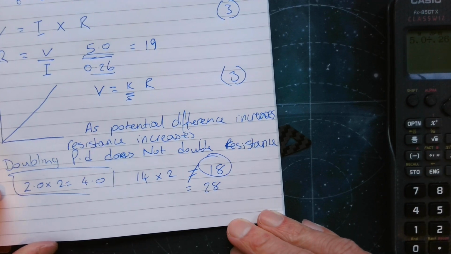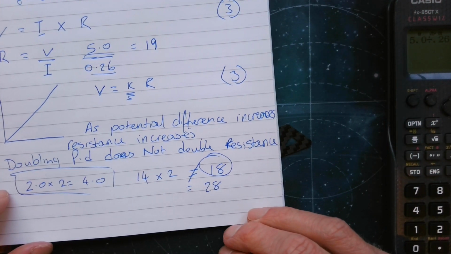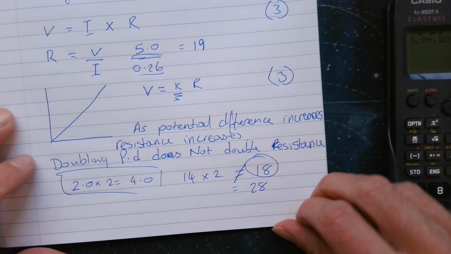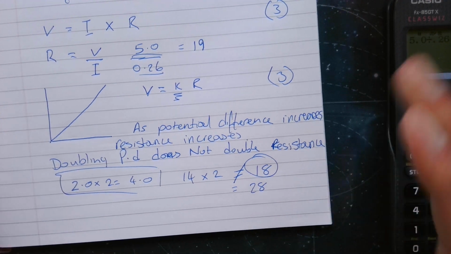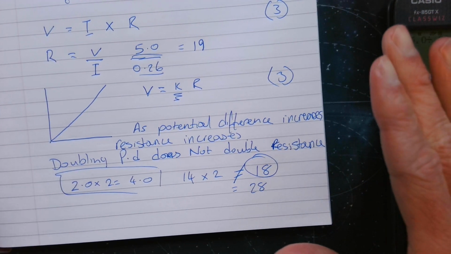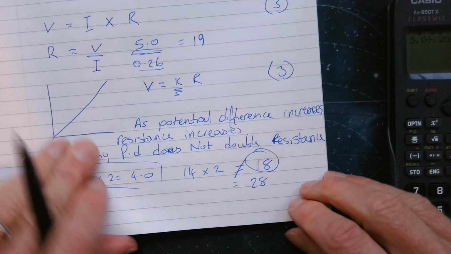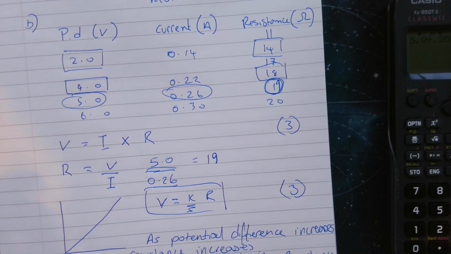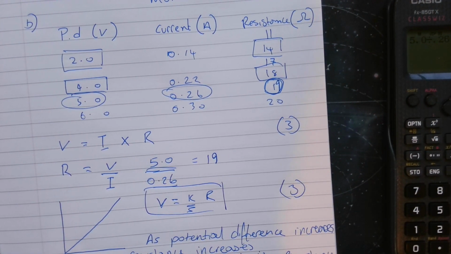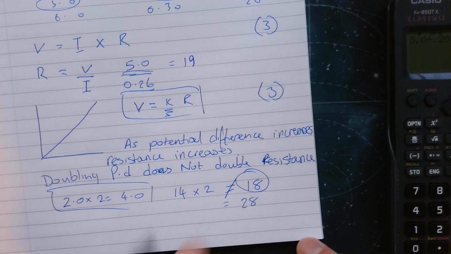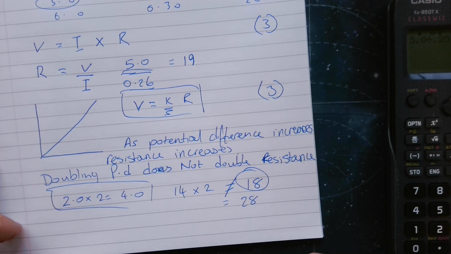It equals 18. So just doing a calculation to demonstrate that we're not getting a doubling of resistance. Technically you might come back to this idea of a constant and there not being a constant, so this value isn't supported by the data, but taking an example and showing that it doesn't double is a perfectly acceptable way to do it.